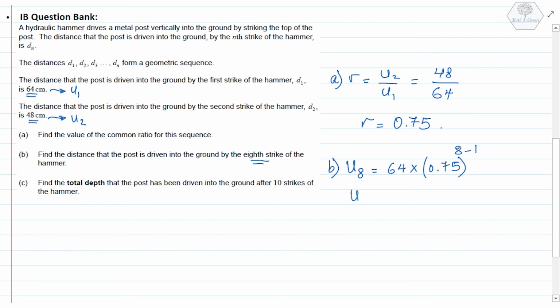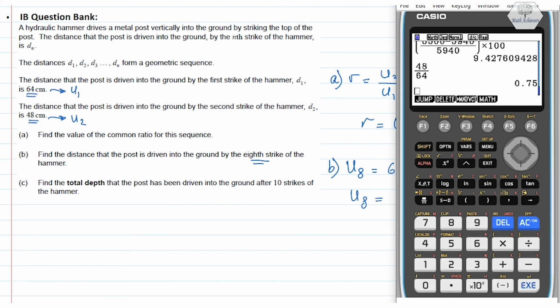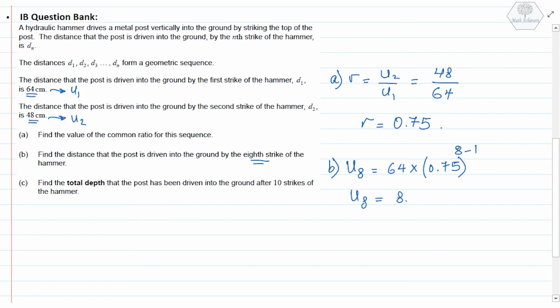So the value of the 8th term is simply equal to 64 times 0.75 to the power of 7. It gives me 8.54 centimeters.